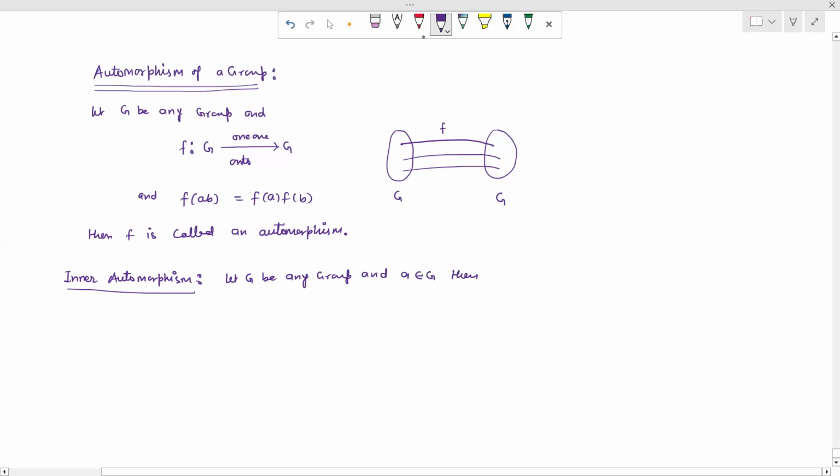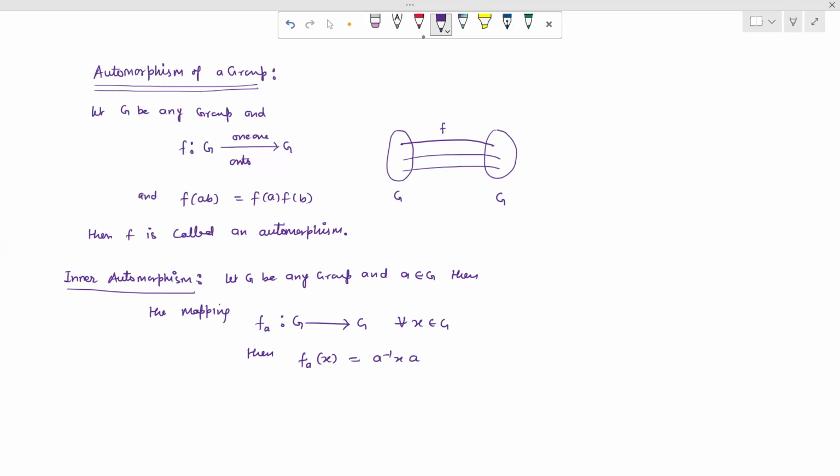So then the function, or we can say mapping, we define as f_a from G to G, where x is an element of G. Then f_a(x) is equal to a inverse x a. This is called inner automorphism.